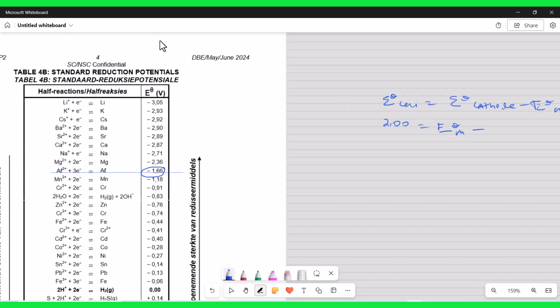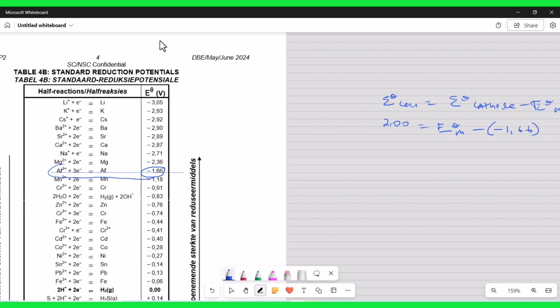So the E theta for aluminium from here, as you can see, it is what? Negative 1,66. So I'm going to say here minus negative 1,66.